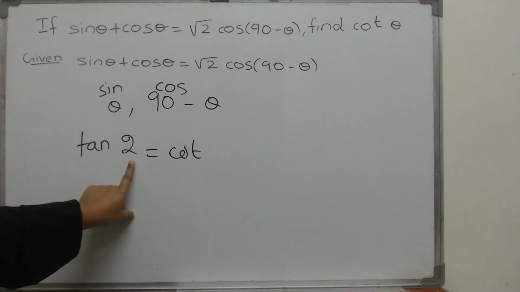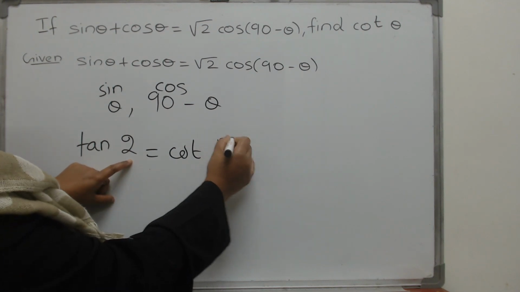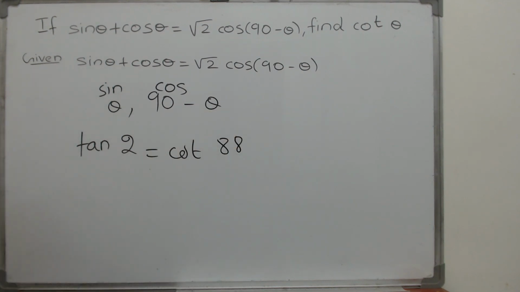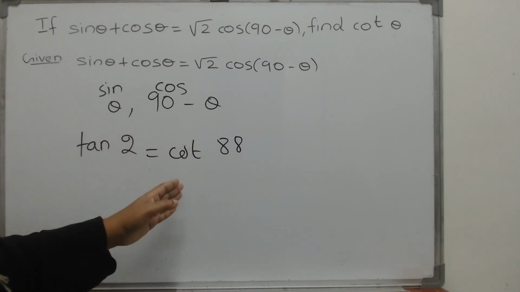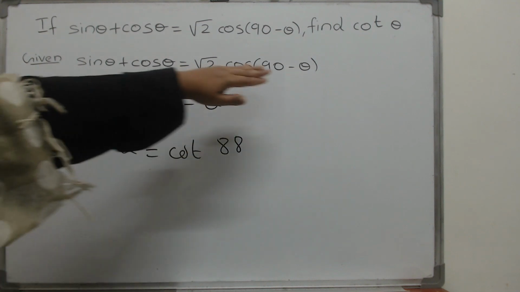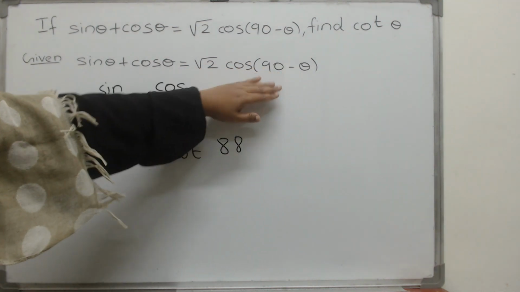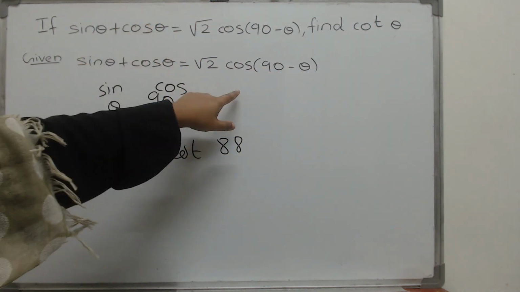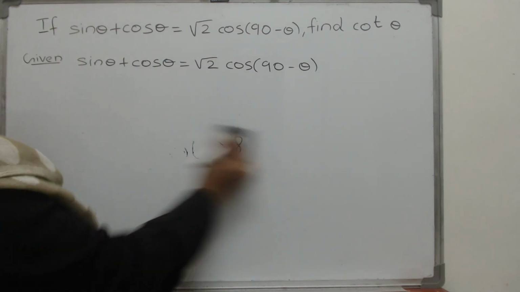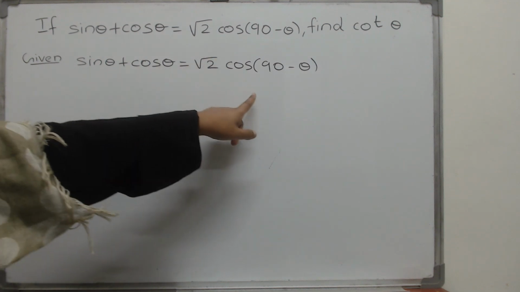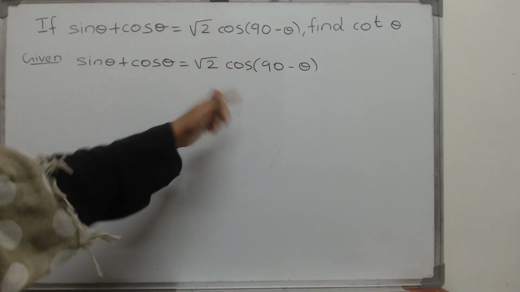What is the complementary angle for 2? 90 minus 2, which is 88. So this follows for tan and cot and this follows for sec and cosec. The cos of any angle will be equal to the sine of its complementary angle. So instead of cos 90 minus theta, we have to put sine theta.